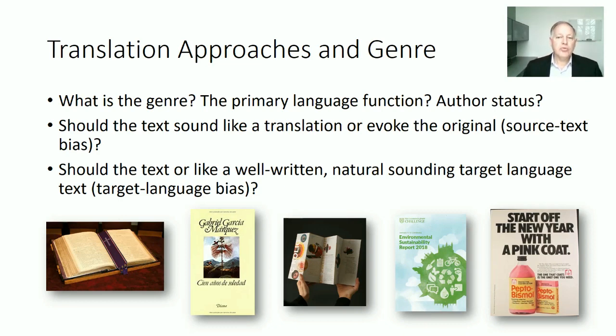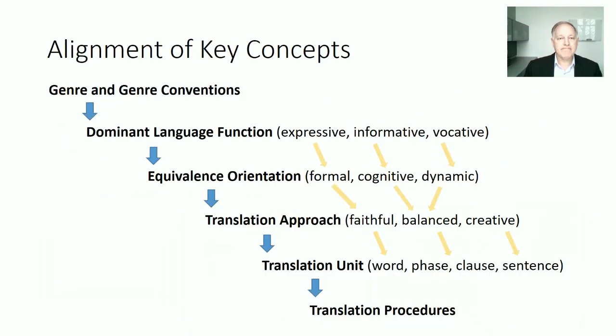If we wanted to recreate that and for it to have achieved dynamic equivalent effect, we would need to get creative with the target language. In other words, do a free, perhaps an extremely free or creative translation. So these are some texts that illustrate a little bit of the decision making that goes into choosing what might be the most effective translation approach.